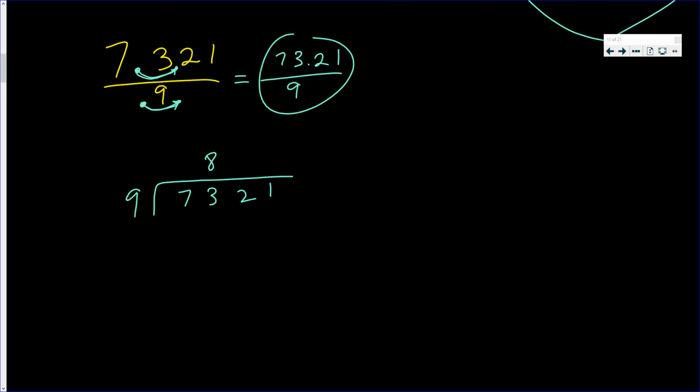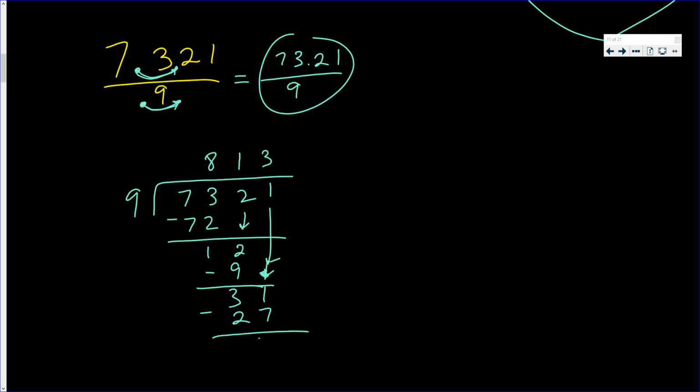9 times 8 is 72. Subtract, get 1 left over. Bring down the 2. 9 goes into 12 one time, with 3 left over. Bring down the 1. 9 times 3 is 27. You subtract, you get 4.